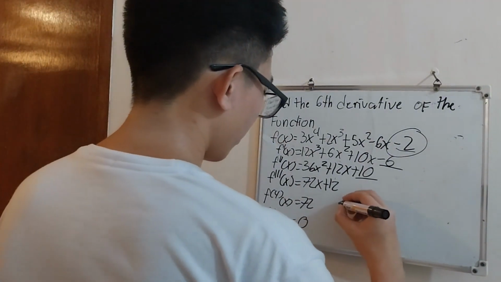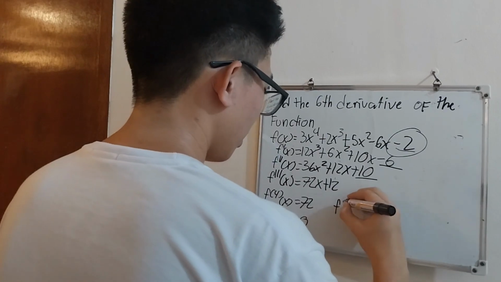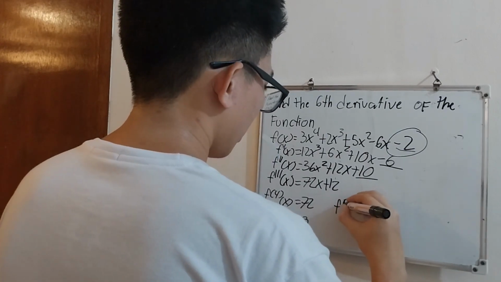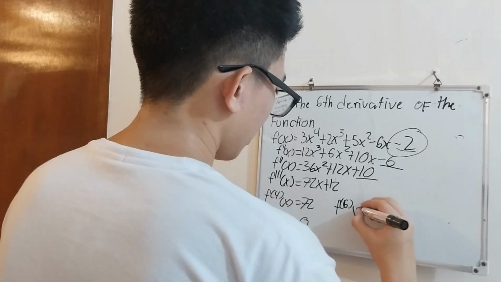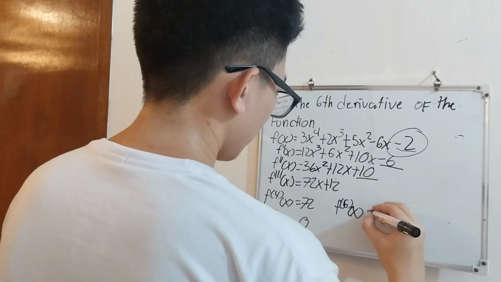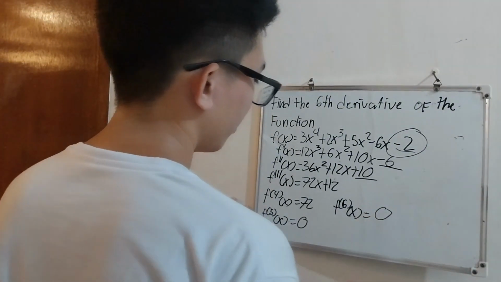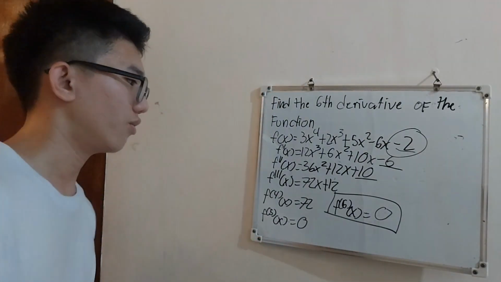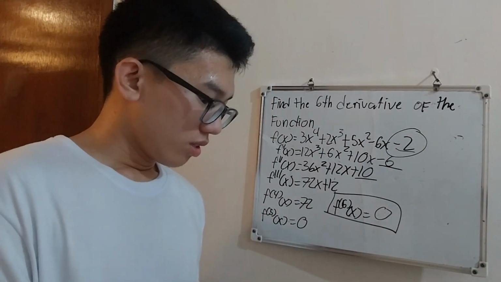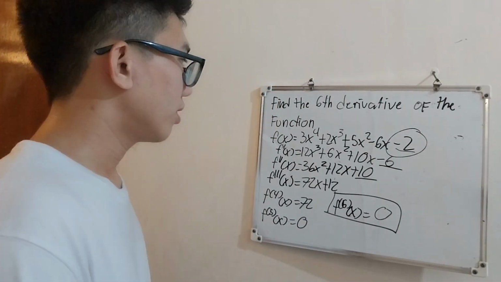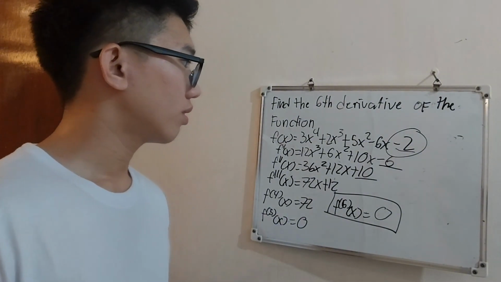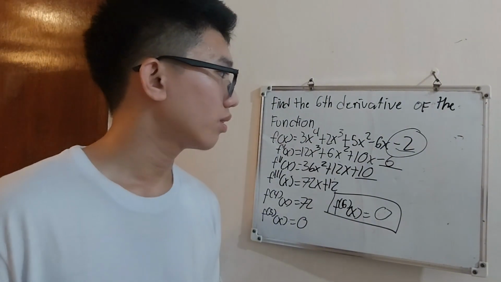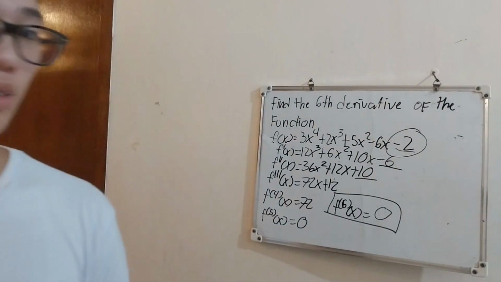So our sixth derivative is 0. That is how I answer the first example.